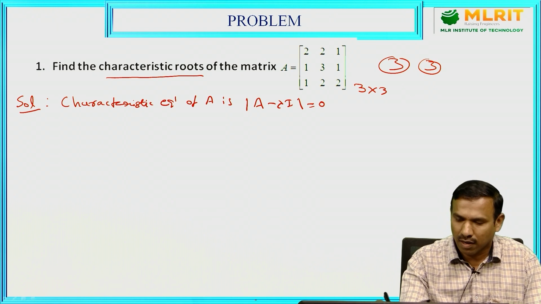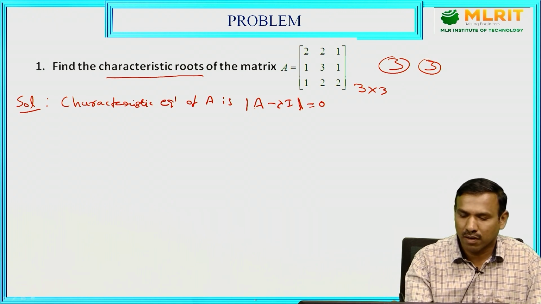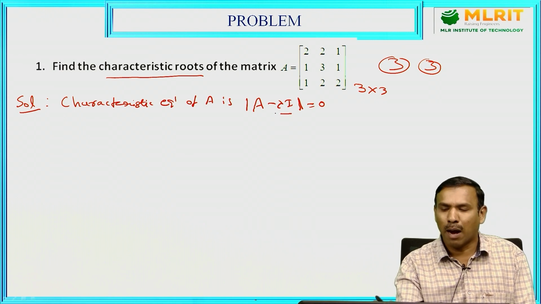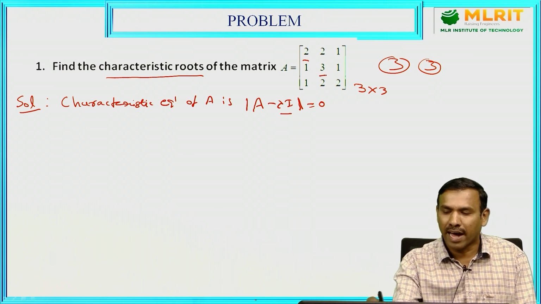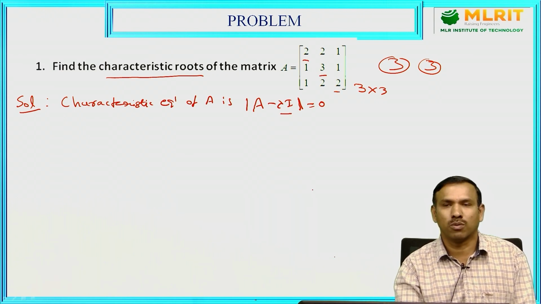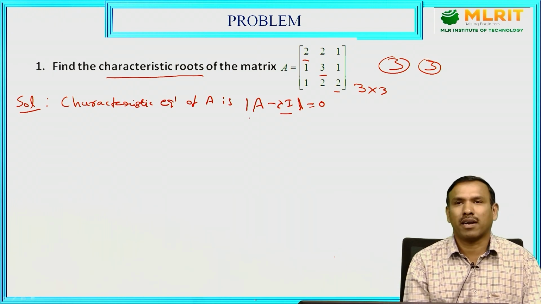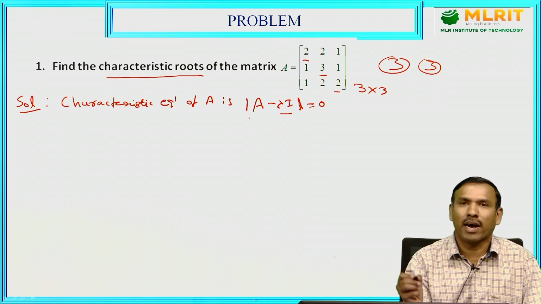This is the characteristic equation. We already discussed how to subtract. Since it is the identity matrix, lambda should be subtracted from the diagonal elements 2, 3, 2. If you subtract lambda from these, that will be the A minus lambda I matrix. For that we need to find the determinant.